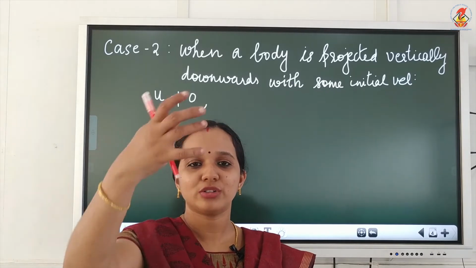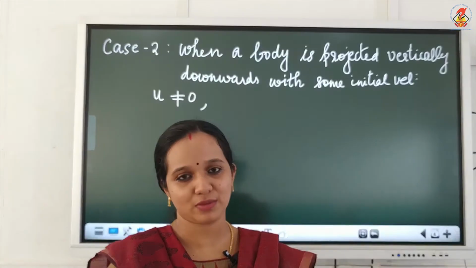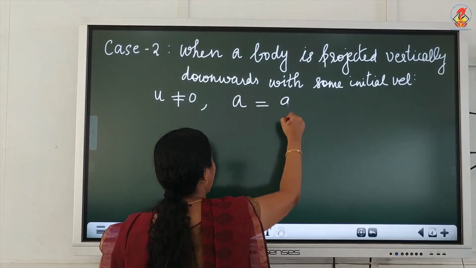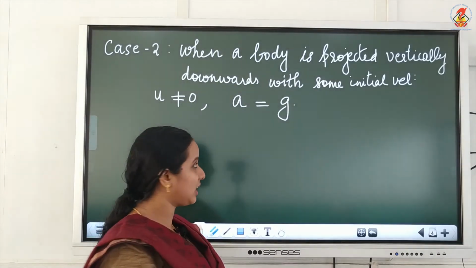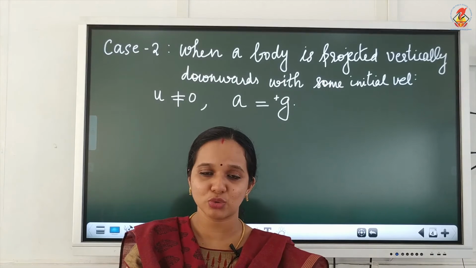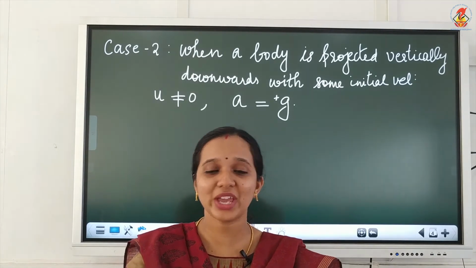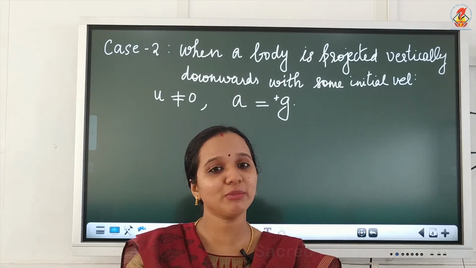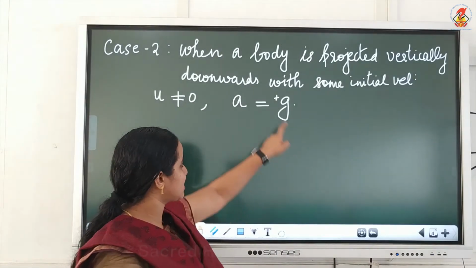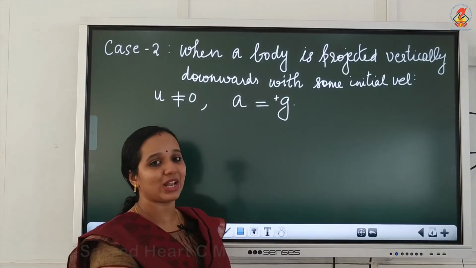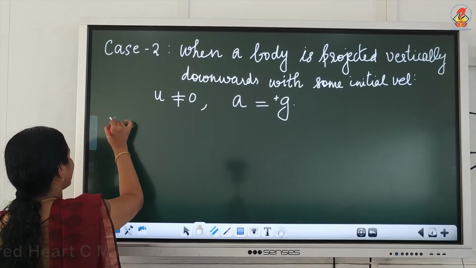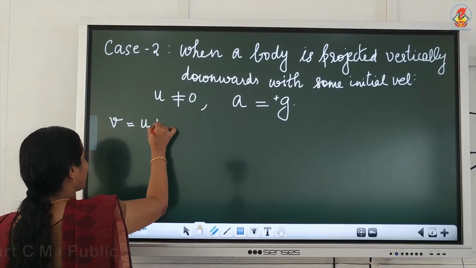Here also the body is under free fall. So, acceleration will be equal to acceleration due to gravity, and it will have a positive sign, because the body is moving downwards. As the body moves down, the velocity increases and hence the acceleration due to gravity will have a positive value. Now, let us see how the equation of motion will change in this situation.